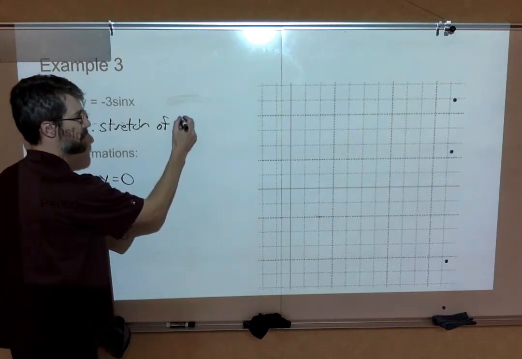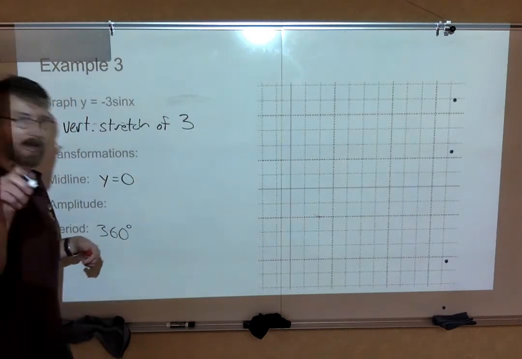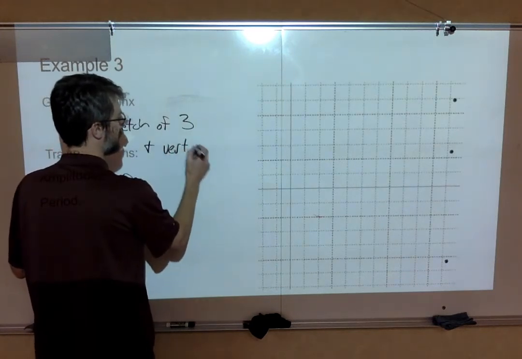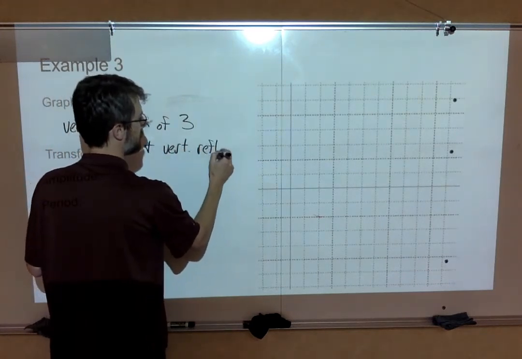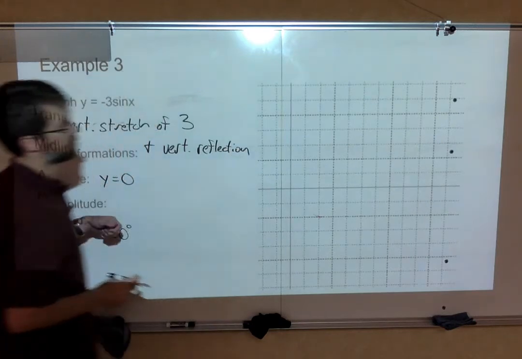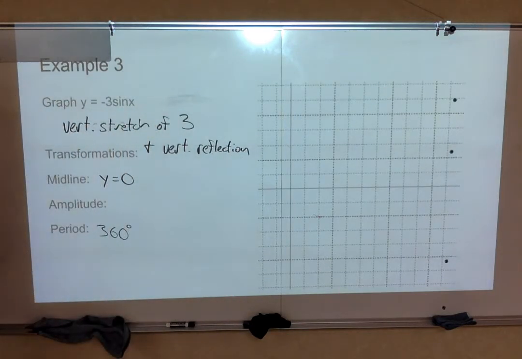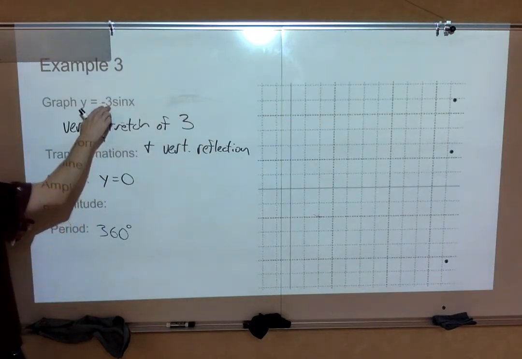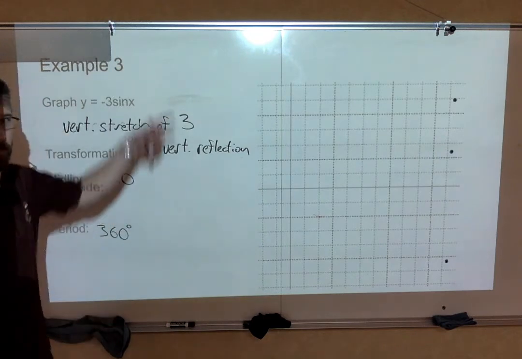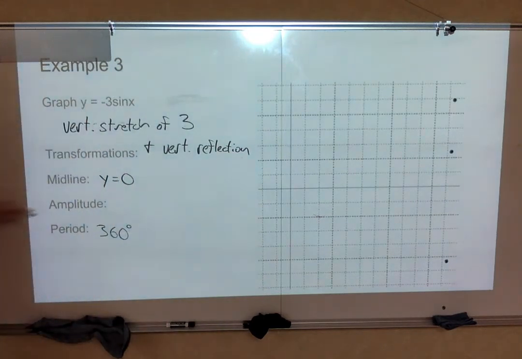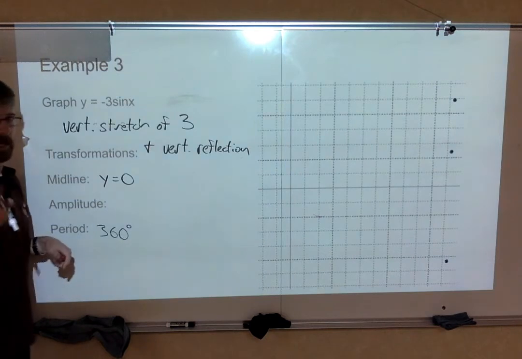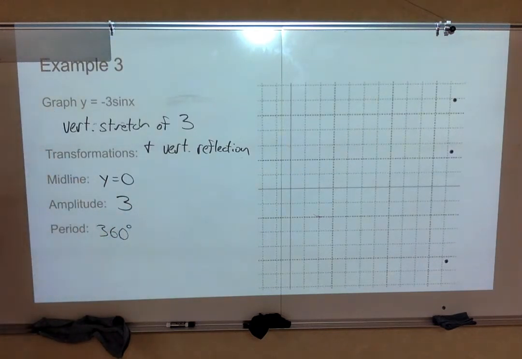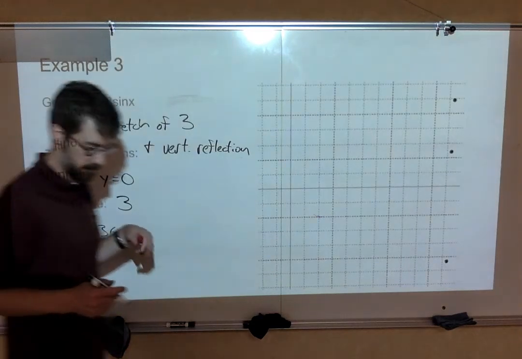It is a vertical stretch of 3 and a vertical reflection. So 2 transformations there, right? These are 2 separate things that are happening. It's stretching and it's also flipping. 2 movements. All right, our amplitude then is not -3. Amplitude, much like your math teacher, is always positive. So it is a +3.